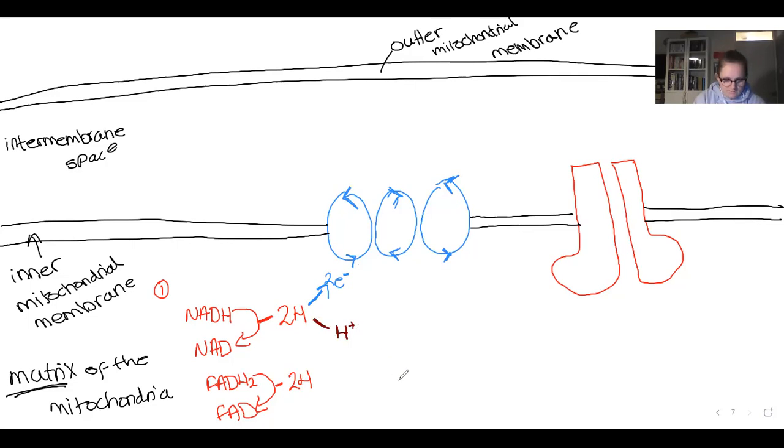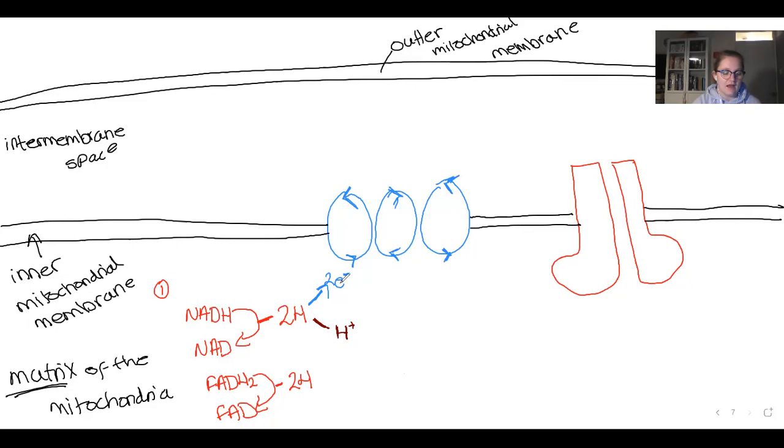This happens for every single molecule of NAD and FAD, but we're just going to talk about it once. So hydrogen atoms are released from all the reduced NAD and reduced FAD as they're oxidized, and each hydrogen atom splits into protons and electrons.